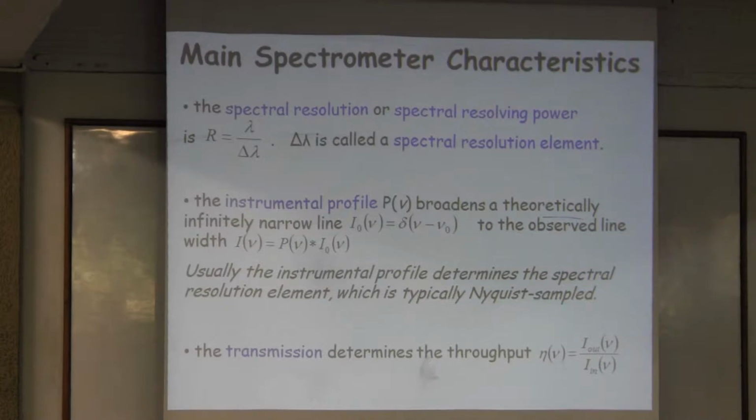Well, if lambda is 10 micrometers and R is 2000, what's delta lambda? Well, obviously it's 10 micrometers divided by 2000, which is 5 nanometers.